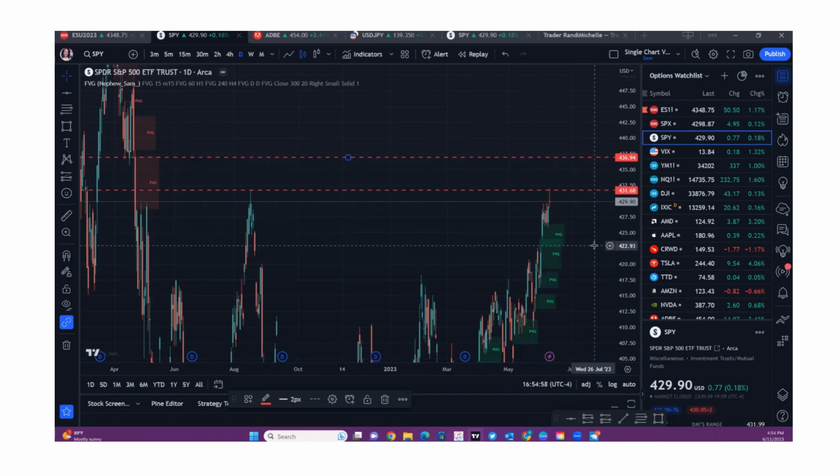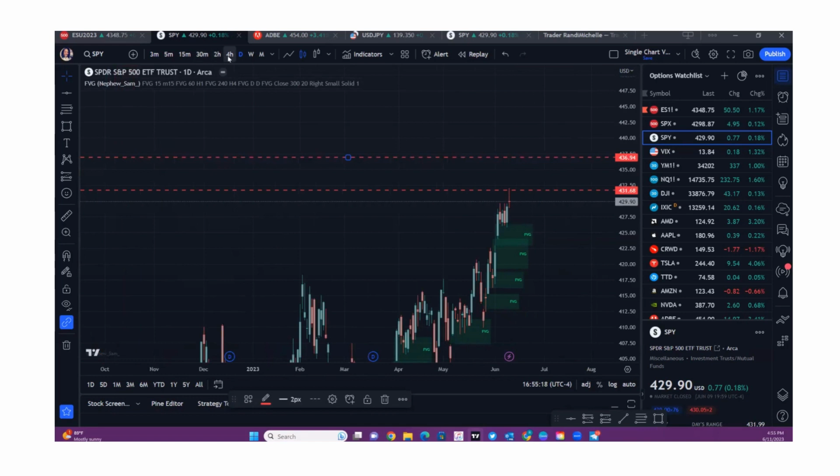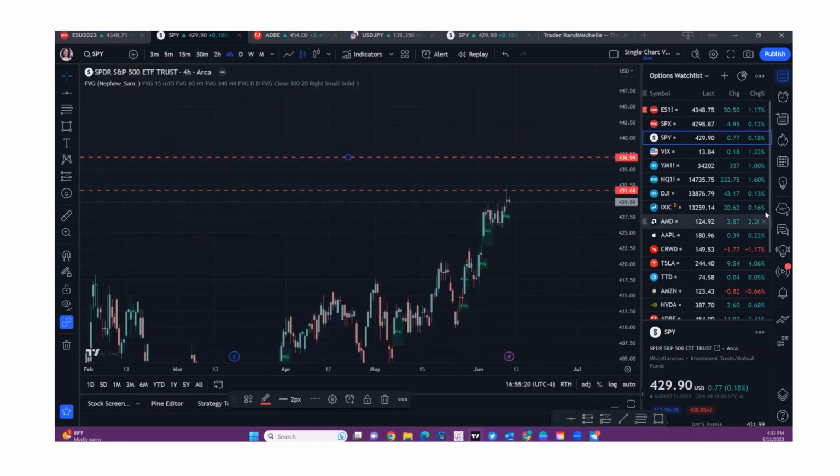So 436, right, on SPY. And I'm focusing a lot on SPY because the SPY move is what most of us want to play. So we think that SPY can go up to 436 and we have a pretty good fair value gap run that it can do, now because it's on the daily. We want to be patient and we're going to be patient this week. I'm going to wait for the break.